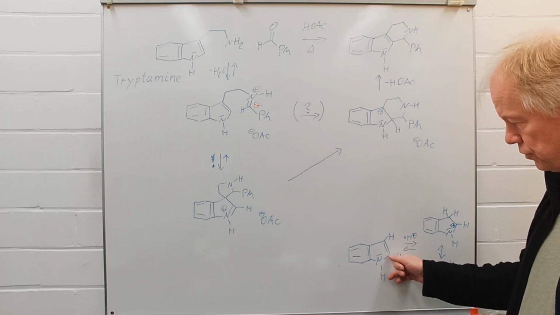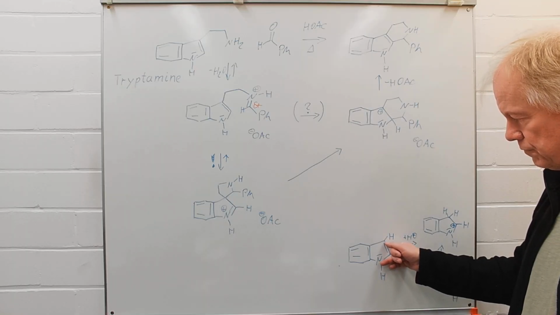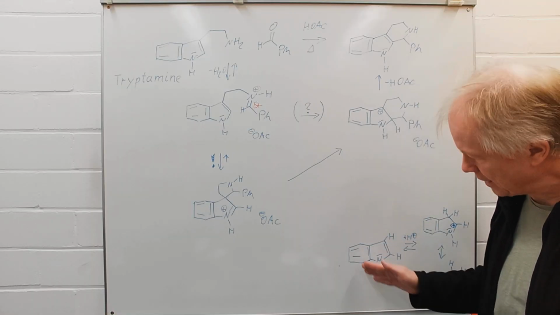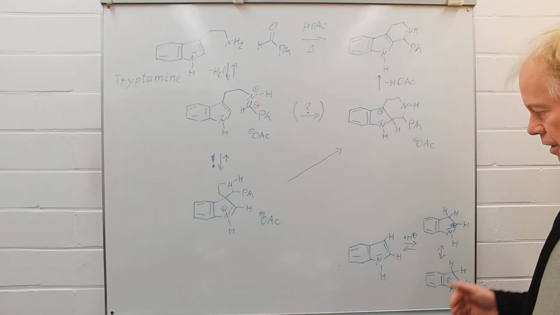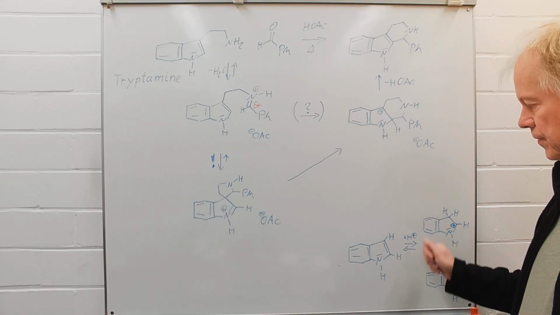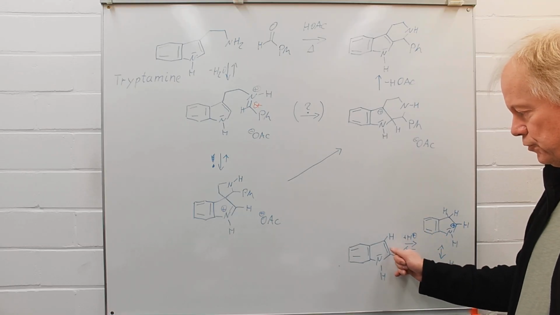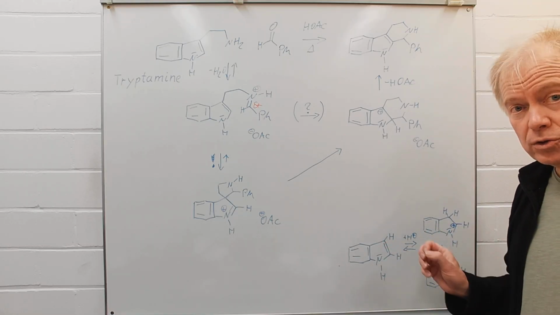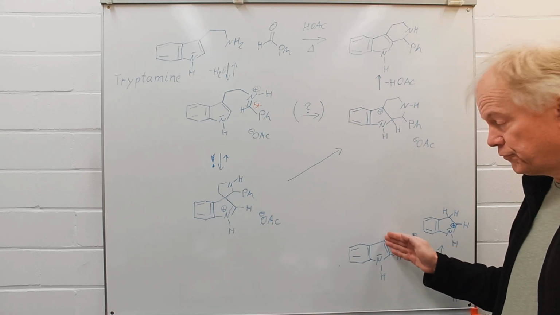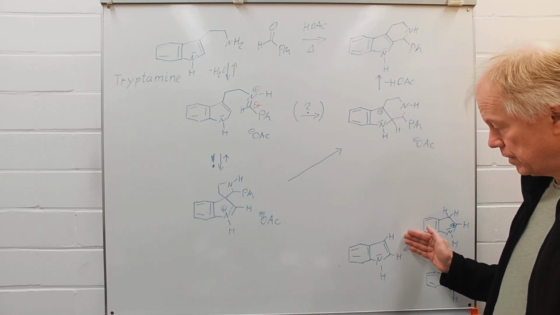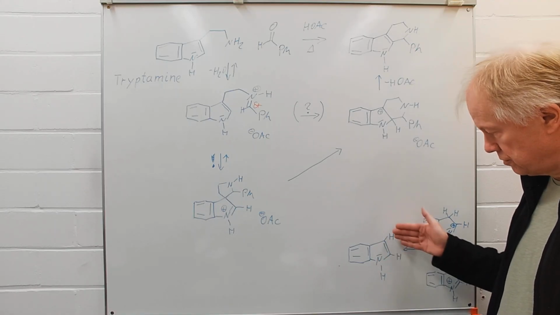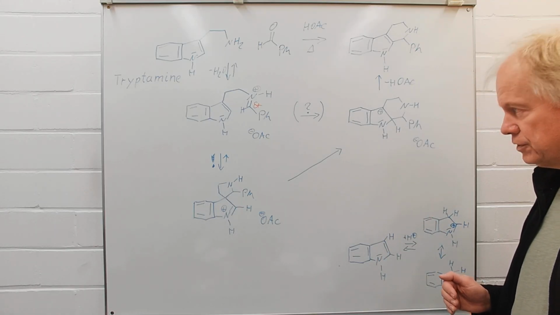If we protonate at this position, then we have a benzylic cation, and the stabilization by the mesomeric system would affect the benzene ring. So the preferred protonation position is the 3 position, as it is also the preferred position for other electrophiles that could attack the indole ring system.